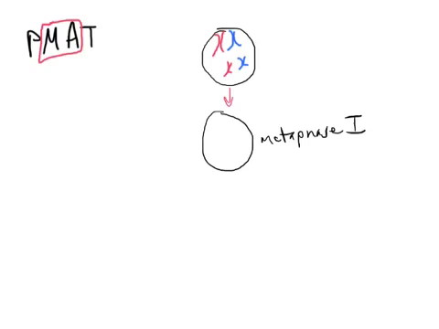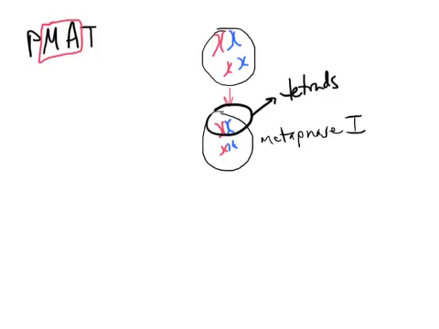So you have the long red chromosome and the long blue chromosome kind of associating with each other. And you have the short red chromosome and the short blue chromosome associating with each other. These little associations are called tetrads because there's 4 sister chromatids.